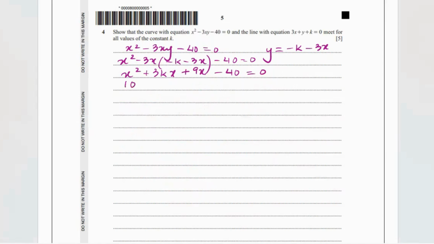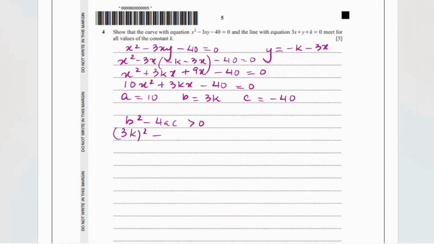Collect the like terms: 10x squared plus 3kx minus 40 equals 0. a is going to be 10, b is going to be 3k, and c is going to be negative 40. We're going to use b squared minus 4ac greater than 0. So (3k) squared minus 4 times 10 times negative 40 is greater than 0. So that's 9k squared plus 1600 is greater than 0.